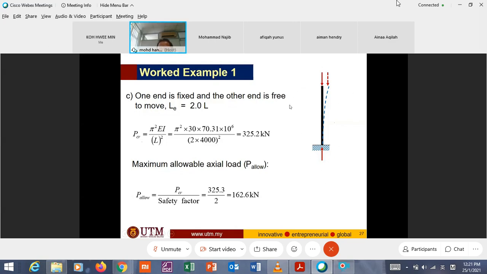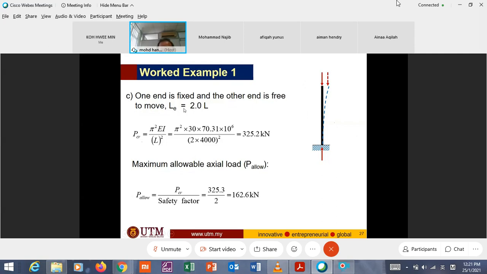In football, people playing football, you see the goal post. A goal post is a cantilever column, but cantilever about one axis, not cantilever about the other axis. So you can look around, find a goal post, and see what happens to the buckling.